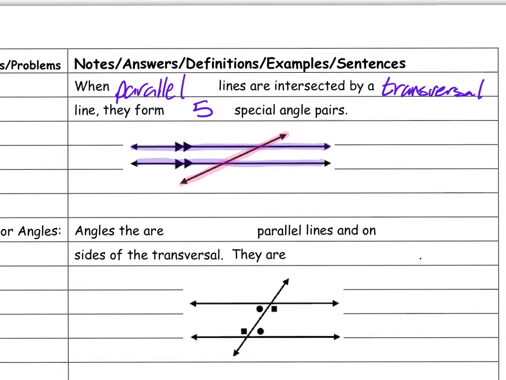So what is a transversal? It's a line that intersects parallel lines.